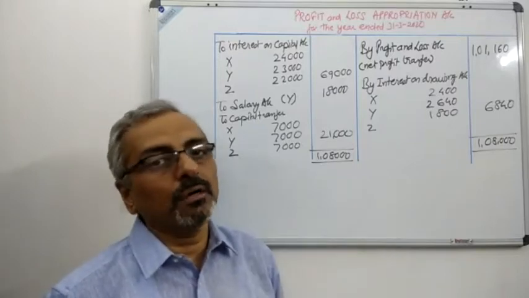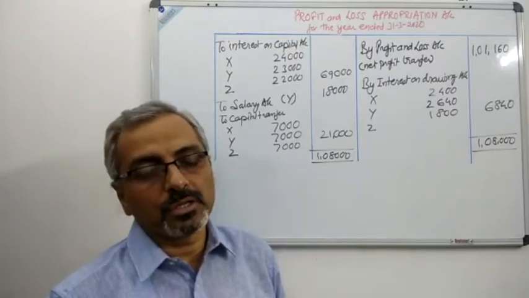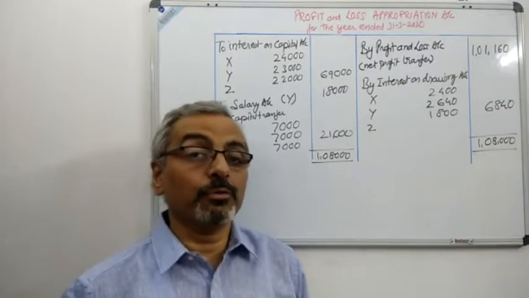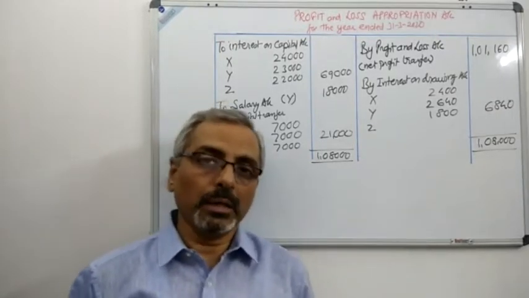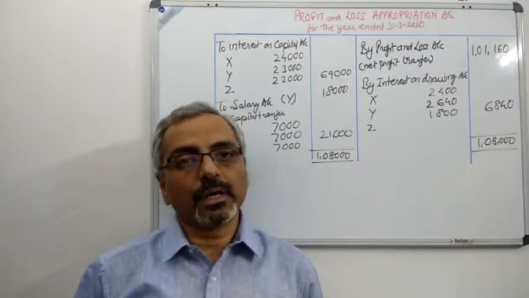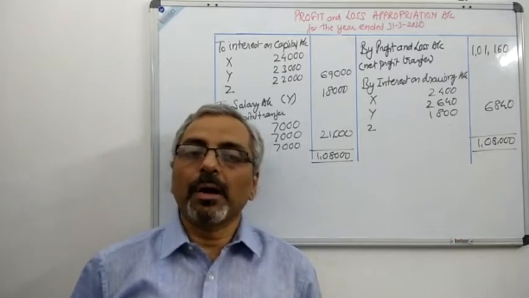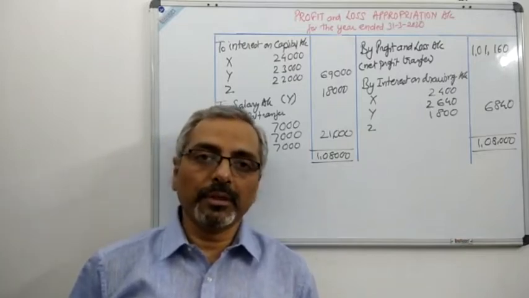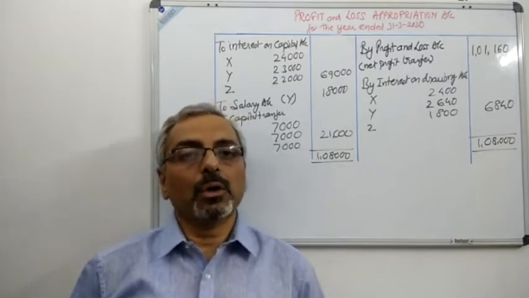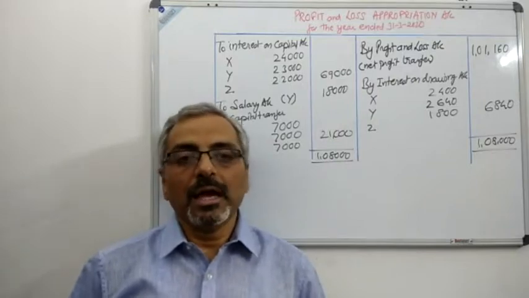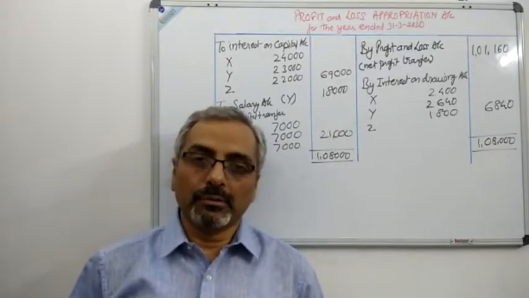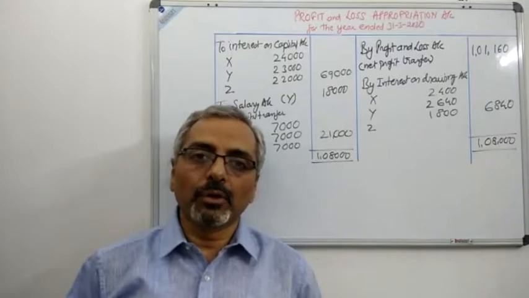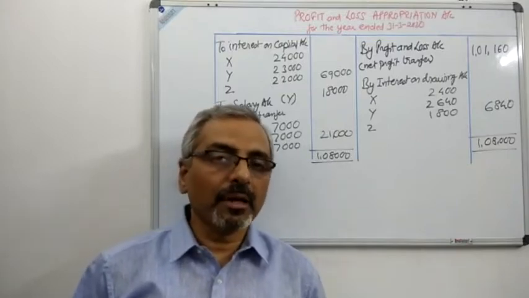After preparing the profit and loss appropriation account, in this question we have to prepare 2 more accounts. One is the partner's capital account and the second one is the partner's current account. When we prepare the capital account, we will only record the capital balances and the additional capital introduced or the capital withdrawn. Here there was additional capital by both the partners.